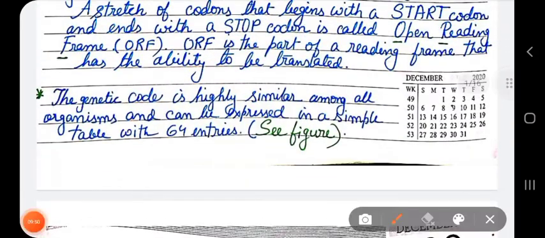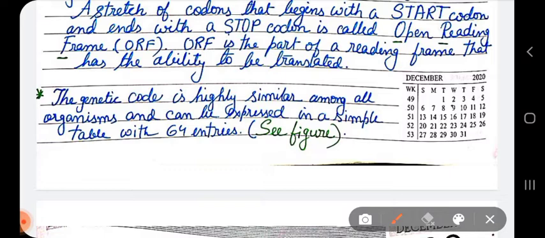Now, for the genetic code, a table has been given. The genetic code given here is highly similar among all organisms and can be expressed in a simple table having 64 entries.